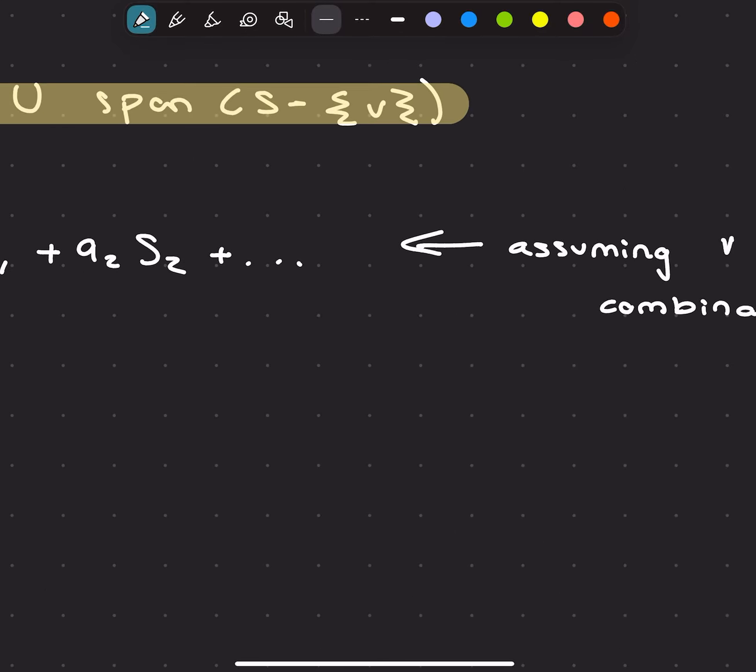We assume this so that anytime a linear combination uses V, we can replace VR with this expression. And what this allows is the ability to build with or without VR. So removing it keeps the full span.